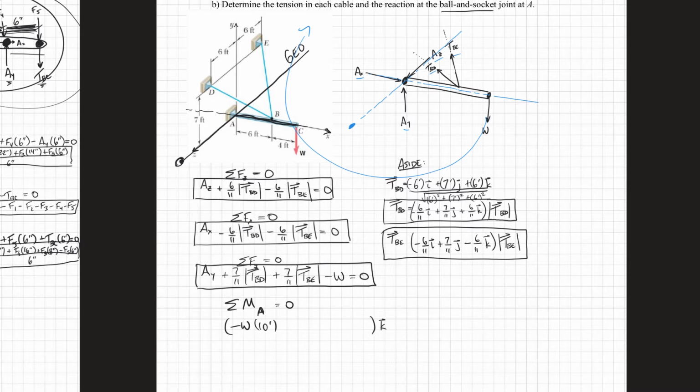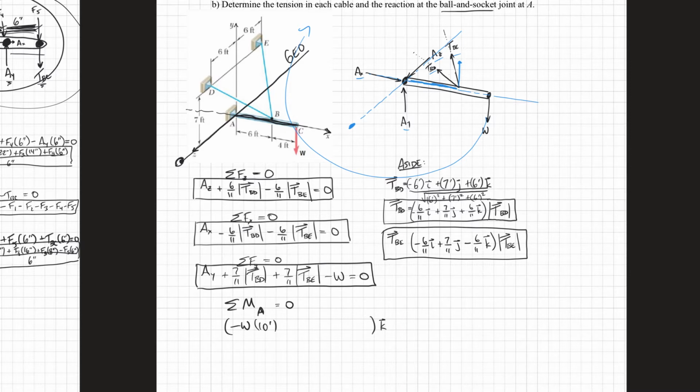Then both of these tensions are pulling upwards, but the only portion of them that I'm concerned with is the portion that's going straight up. One portion is sliding back along this wall and going right through A, and I don't care about that portion.